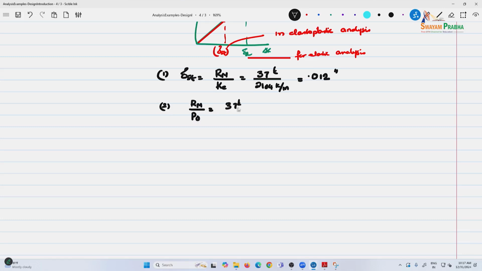So, 37 kips divided by 172.8 is 0.216. The third is Td by Tn, which is 20 milliseconds divided by 78 milliseconds, which is 0.256.